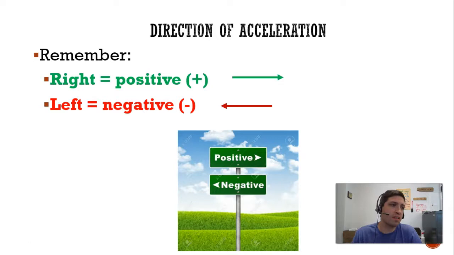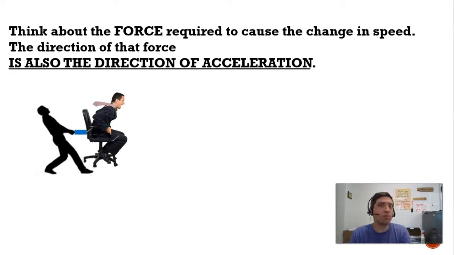All right, so several examples. I call this example the rope illustration, the rope example. So it says up top, think about the force required to cause the change in speed, because the direction of that force is the direction of acceleration. All right, so let's imagine that we have a person in a rolling office chair, and that person is going to roll to the right.